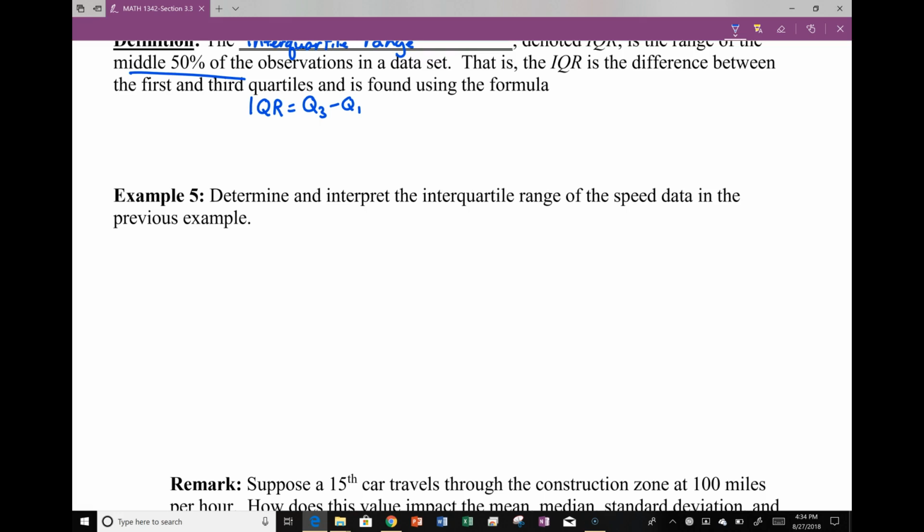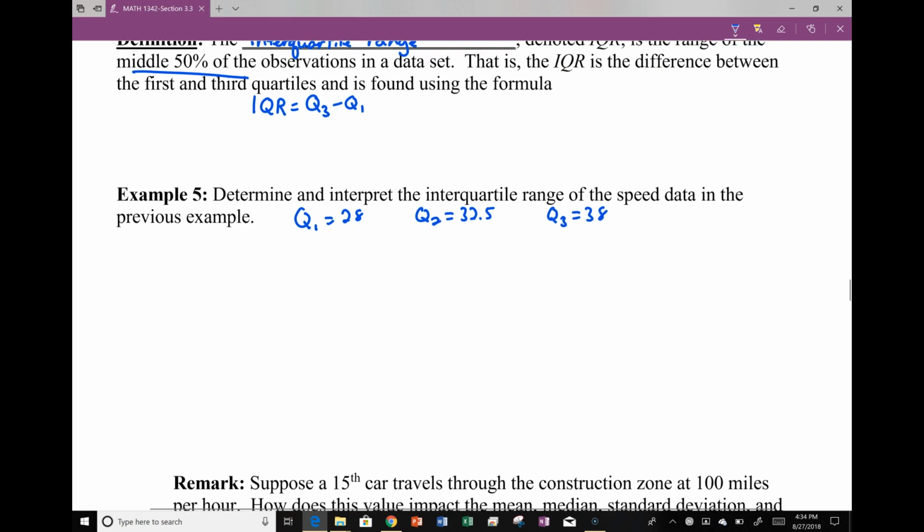Now, in the previous example, we had that Q1 was 28, Q2 was 32.5, and Q3 was 38. To find the interquartile range, I'm going to take my Q3 minus my Q1.